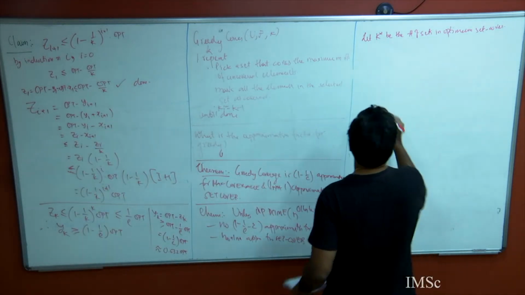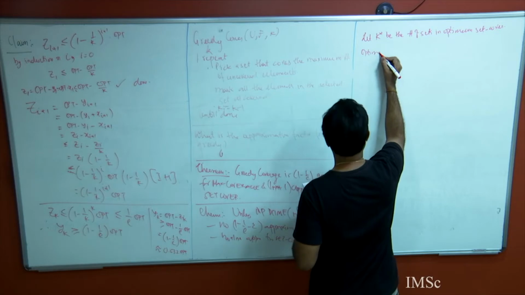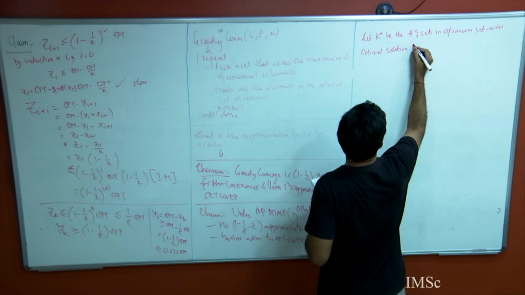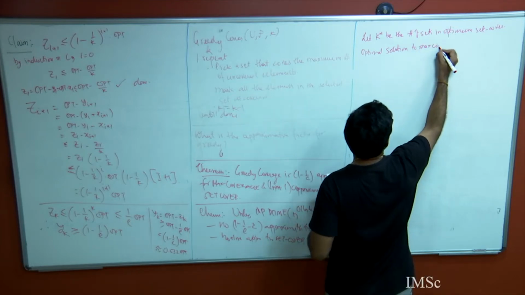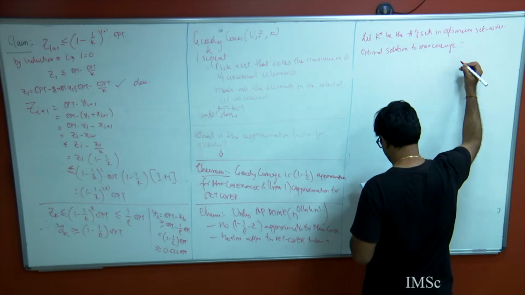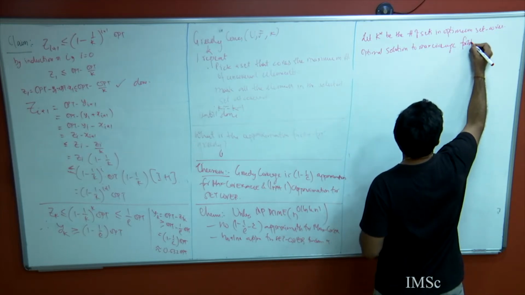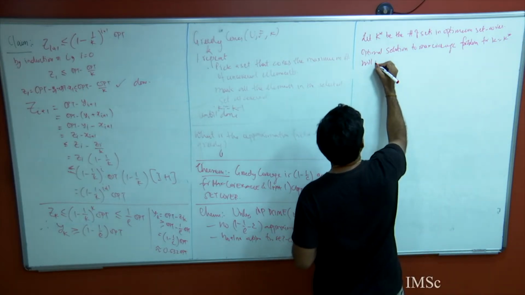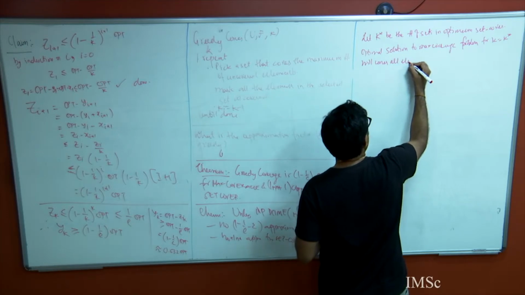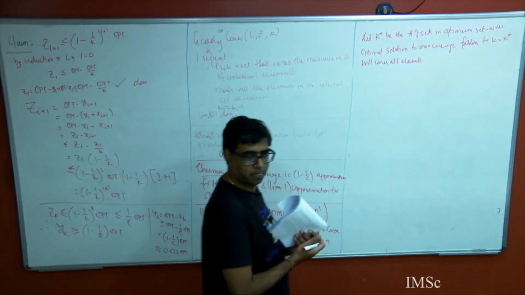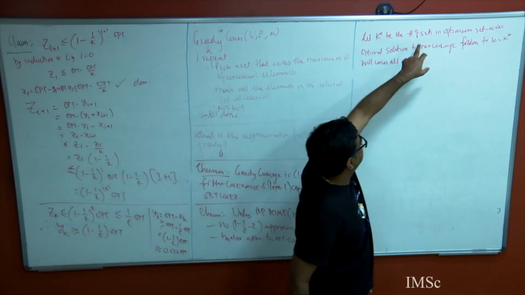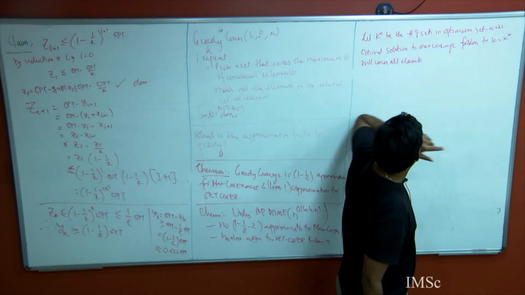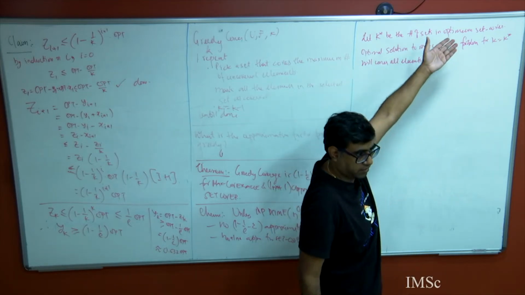It means that the optimal solution to the max coverage problem for K equal to K star will cover all elements. Agreed? So if K star is the number of sets in the optimum set cover, then if I set K equal to K star, it will cover all elements, because it is a set cover instance.